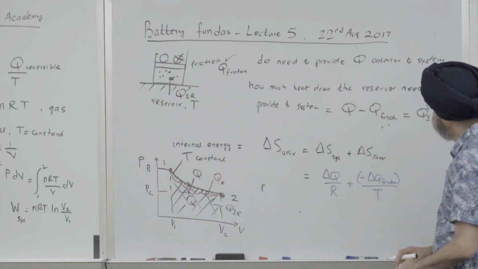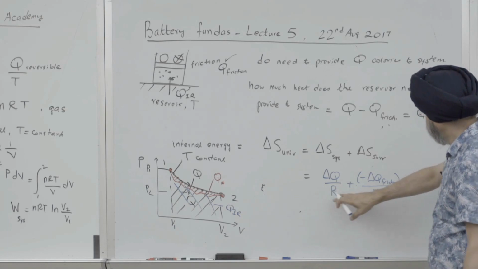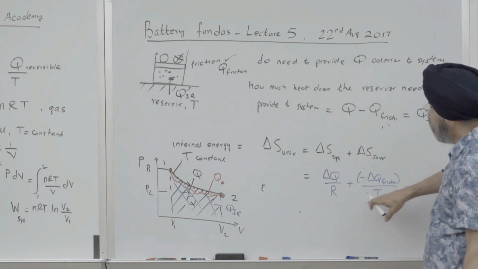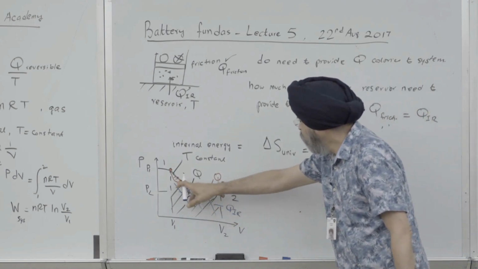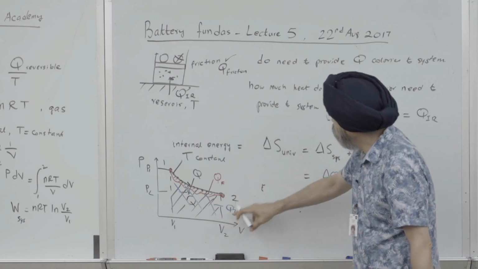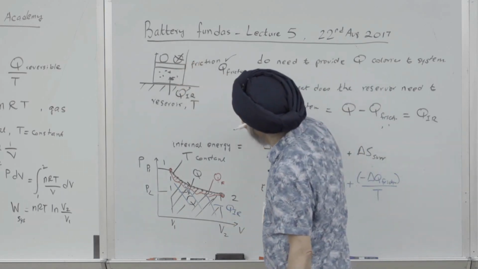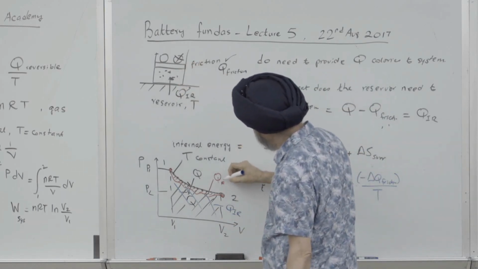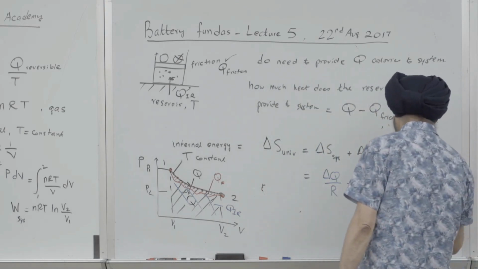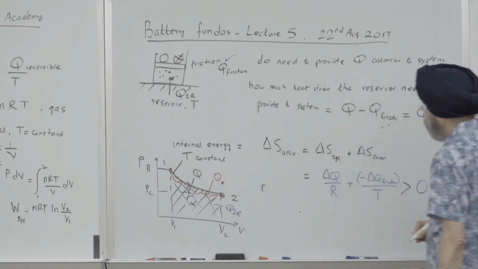So notice that this term is bigger than this term, because the friction part is Q friction, and Q IR is the heat going into the reservoir. So this term is smaller than this term, so this is greater than 0.